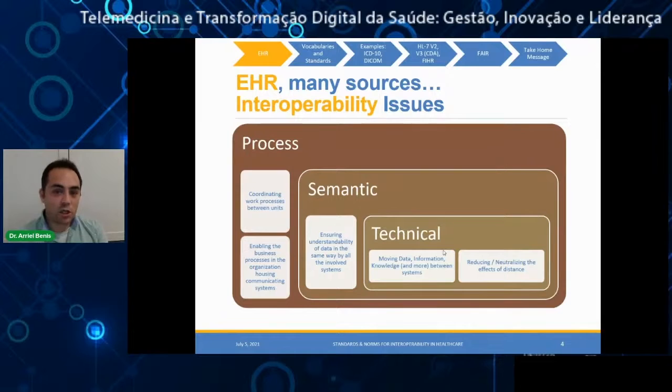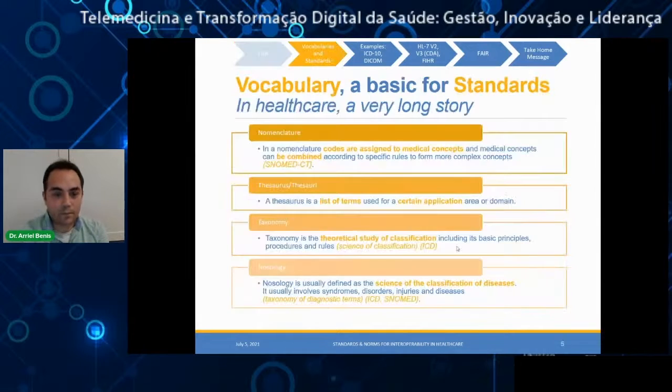We know that in each country, in each area in the world, we have local regulations, local needs, and the processes are different. But we need also to try to make some synchronization between these systems for allowing also exchanging data, information about the patient, about the population in an interoperable way.